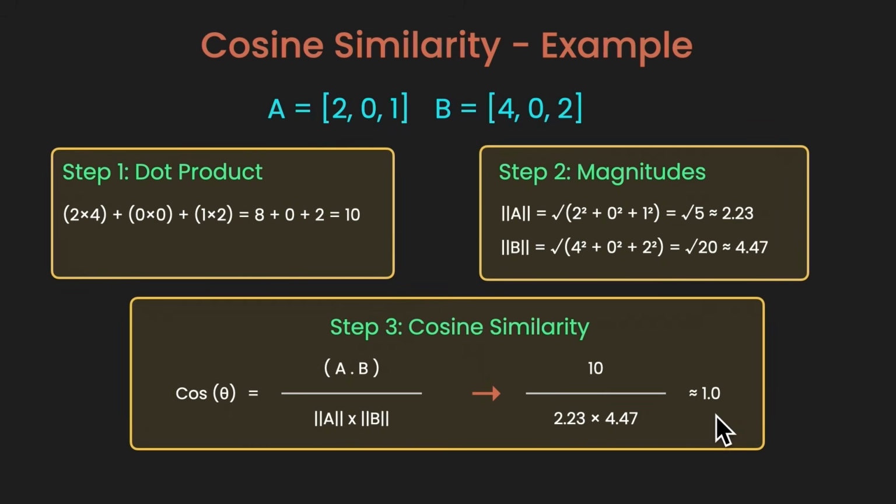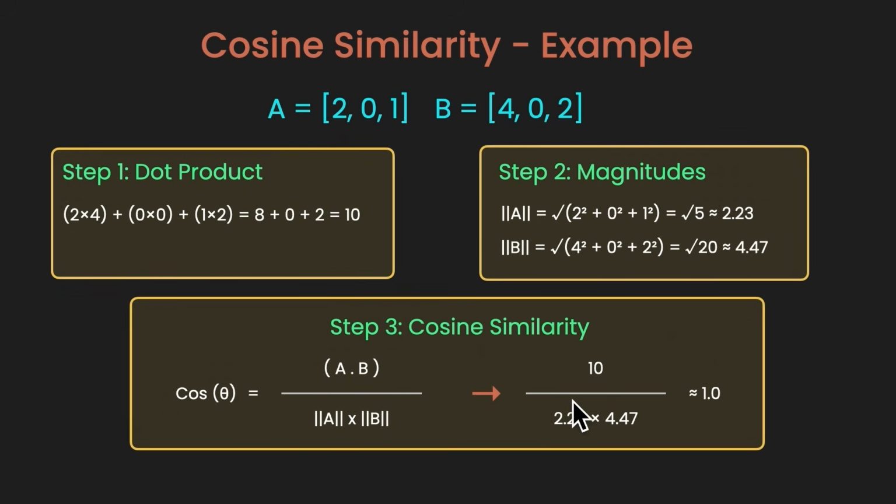So here is the important insight: even though the magnitudes of vector A and B are not the same, and we can clearly see that vector B is larger than vector A, almost double, this magnitude has no significance at all.